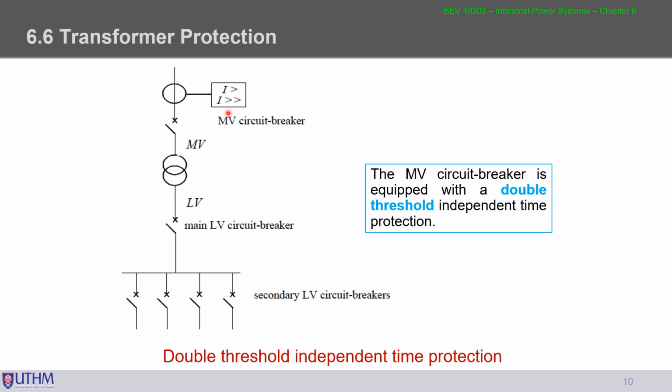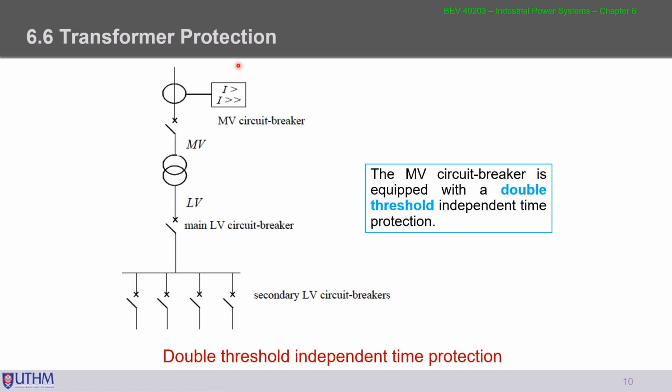So when a fault occurs and a higher current is provided, the protection will release and the circuit breaker will operate very fast. It means there is a higher current to detect and to give the signal to the circuit breaker to operate very fast.